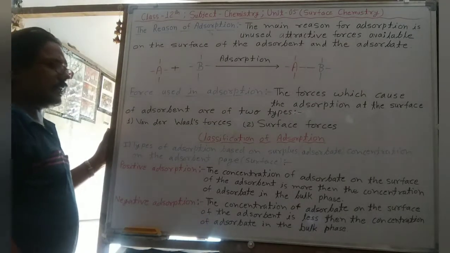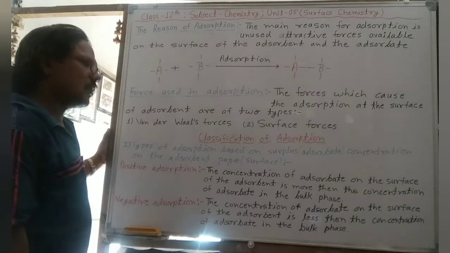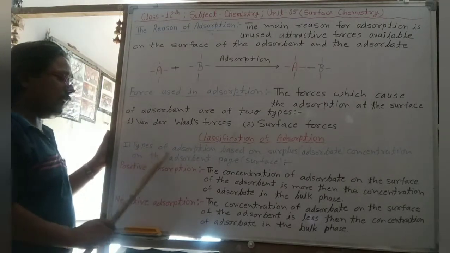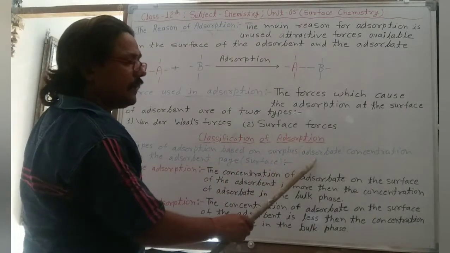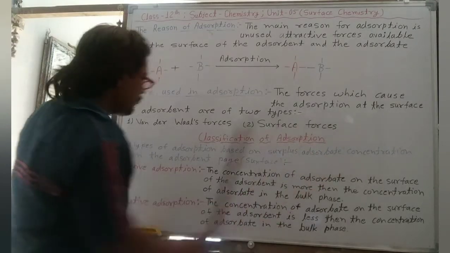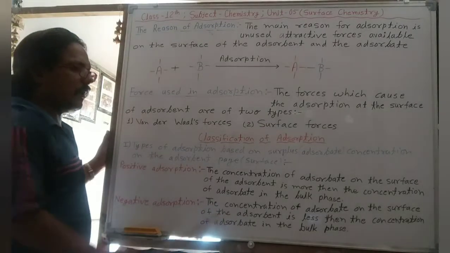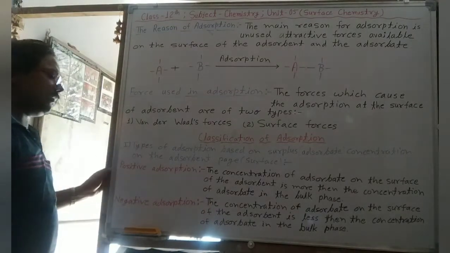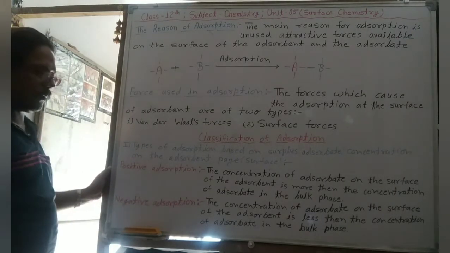Then I am going to discuss classification of adsorption. In this title, firstly I am going to take types of adsorption based on surplus, that means the adsorbate concentration on the adsorbent surface. So the first type of adsorption is positive adsorption.